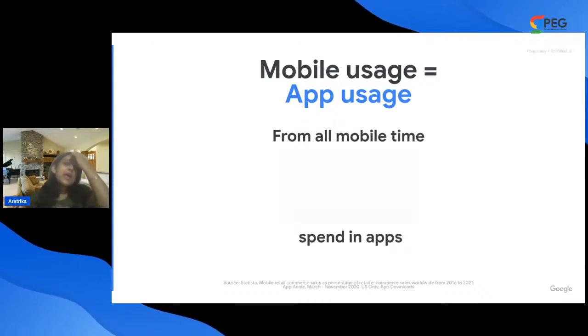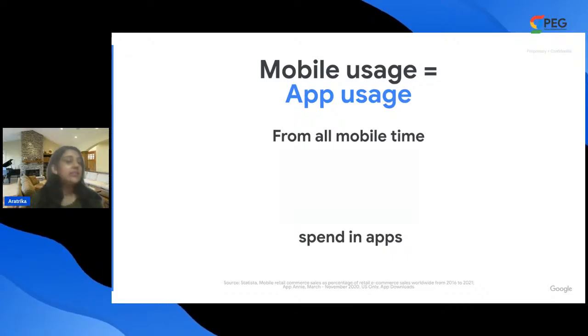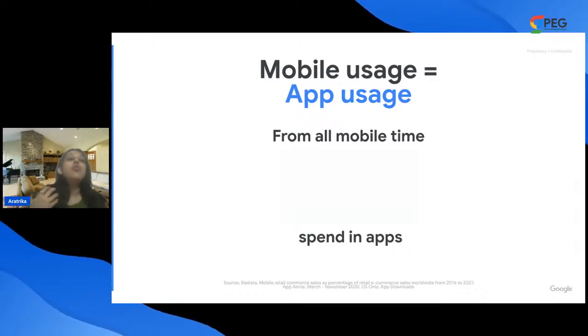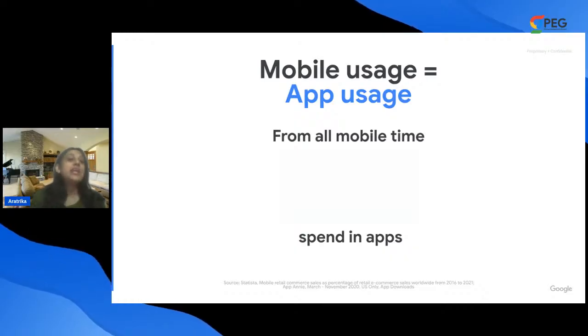Now, why app campaign is so important is because nowadays everyone, whether it's me, you, or any one of us, is spending a lot of time on mobile. And whenever we are spending time on mobile, it means that we are spending more and more time in an app.